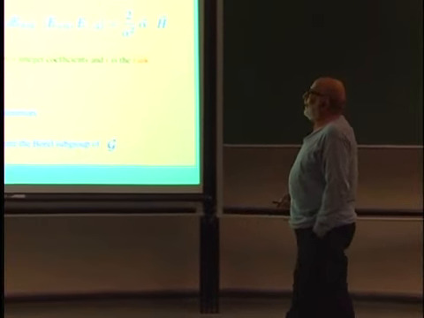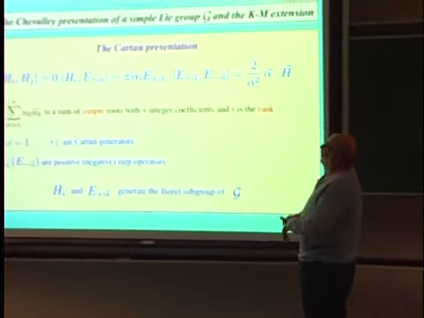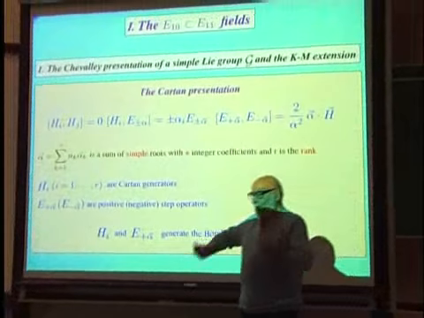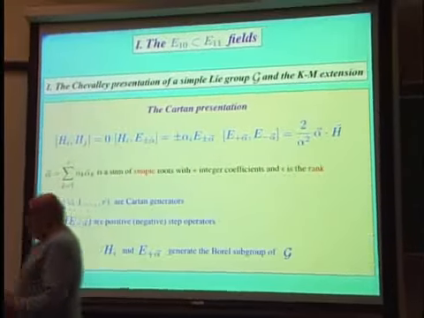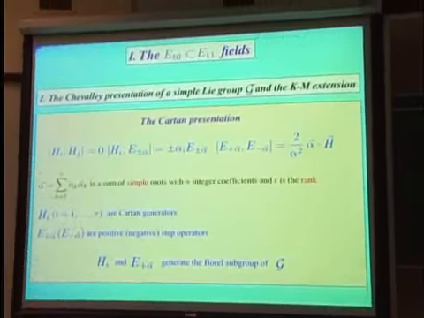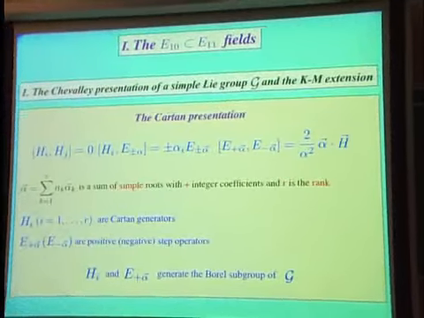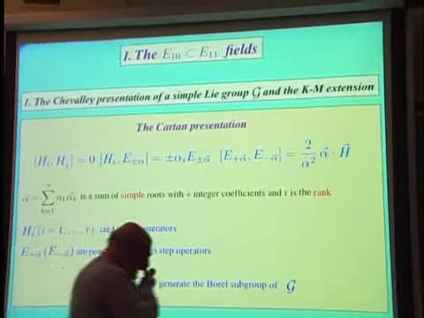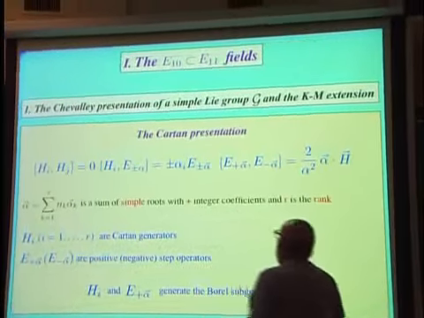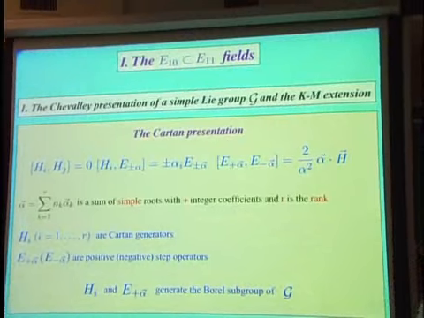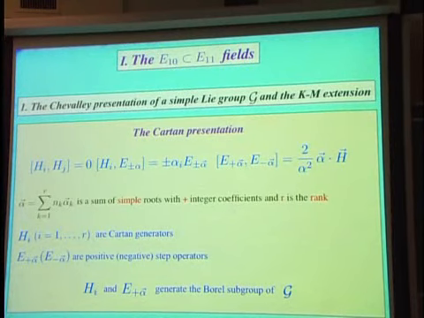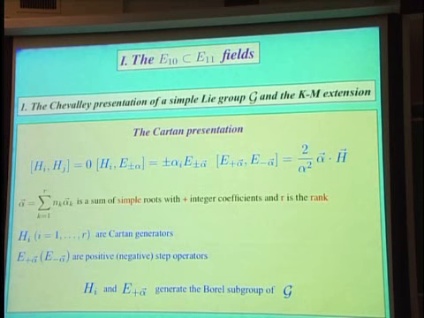So, before trying to see what are the fields that can exist in space-time, which are related to E10 and E11, let's first review, for many of you these are well-known things, but it might be useful, what these large groups are and how you get them. First, let's consider a simple Lie group. In the usual Cartan representation, these are described by two types of generators.